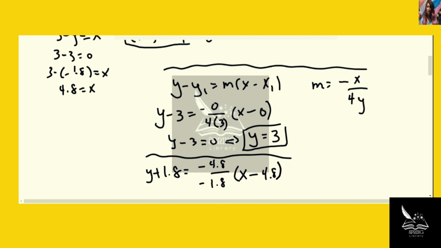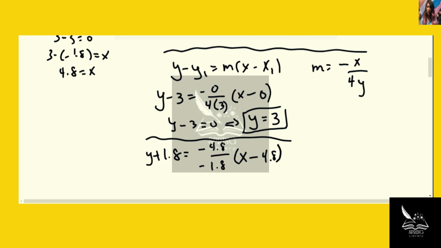And 4.8 divided by 1.8 is 2.67, so let's make that a fraction, 8/3. And it looks like I forgot the 4 here.